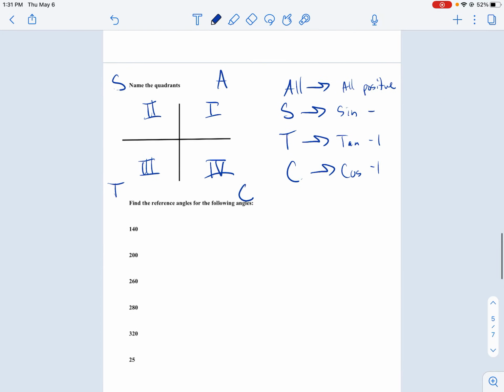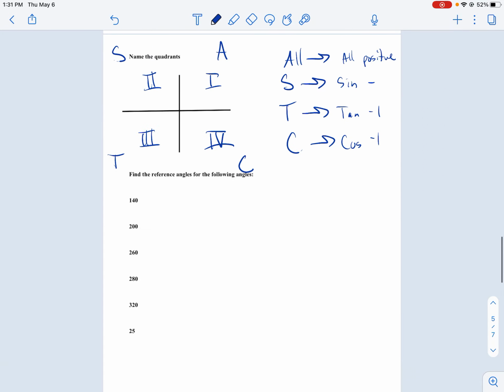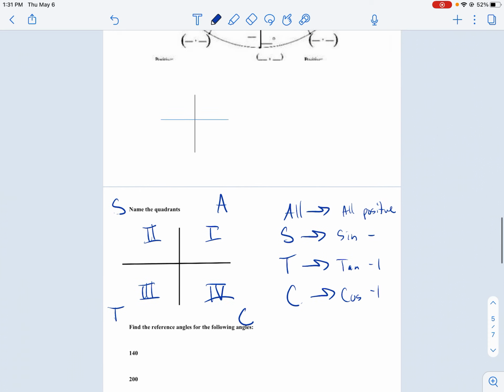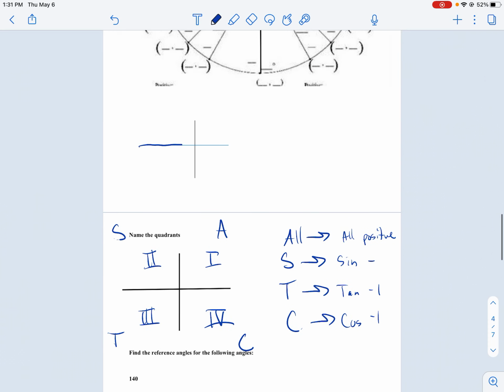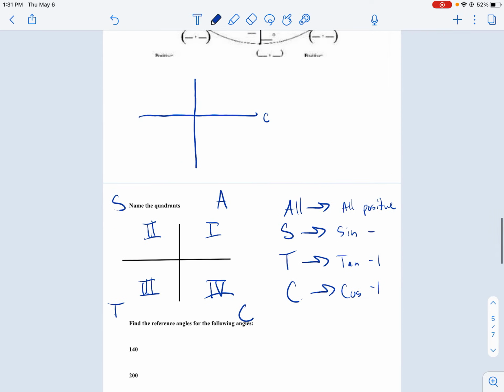All right. To figure out the rest of these, here's how you want to think about this. You want to utilize your closest horizontal axes. When we're at 140 degrees, you have to remember this is 0, 90, 180, 270, and then back to 360.